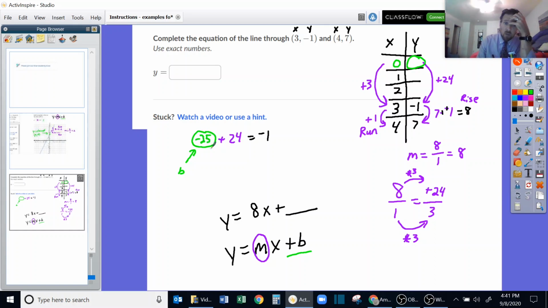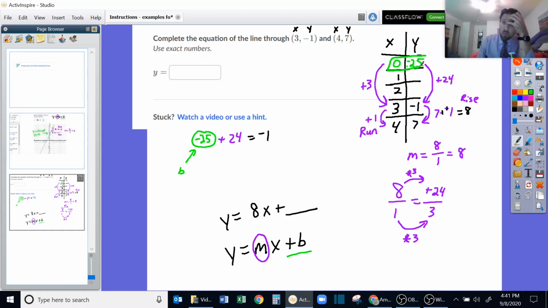Let's check and see if it works. Negative 25 plus 24, that does get there. So this starting point, my b, I've backtracked to figure out must have been down at negative 25. So that is my starting point.